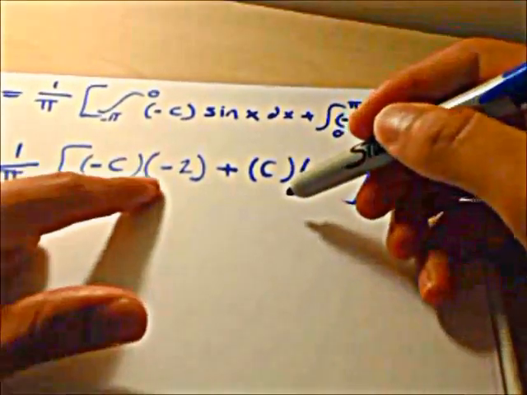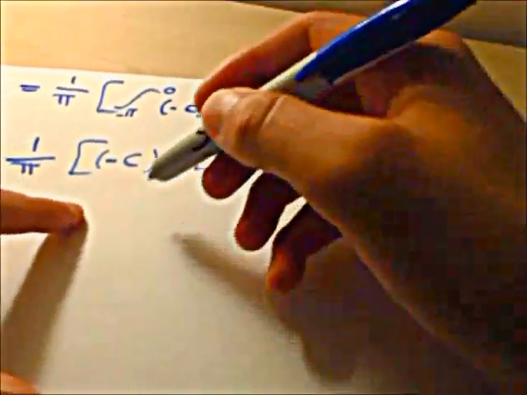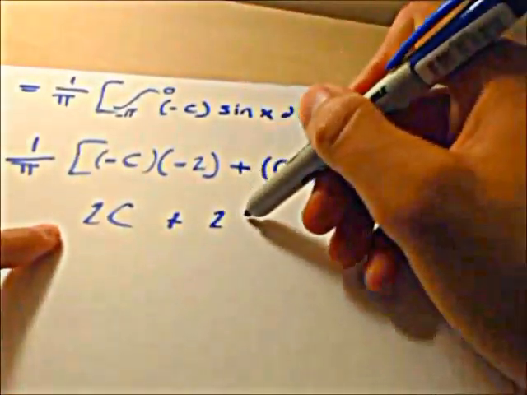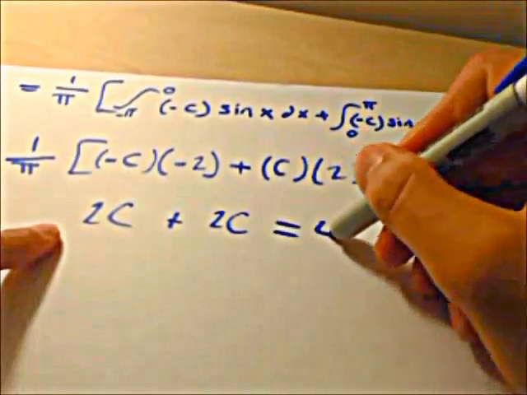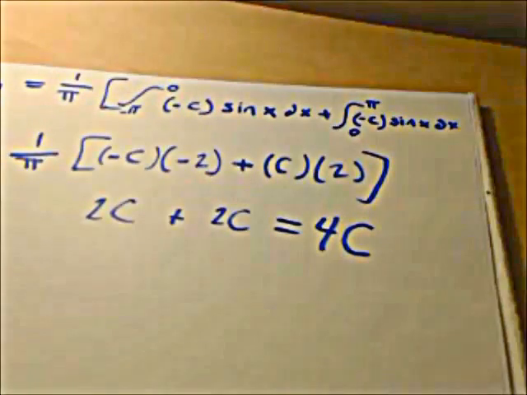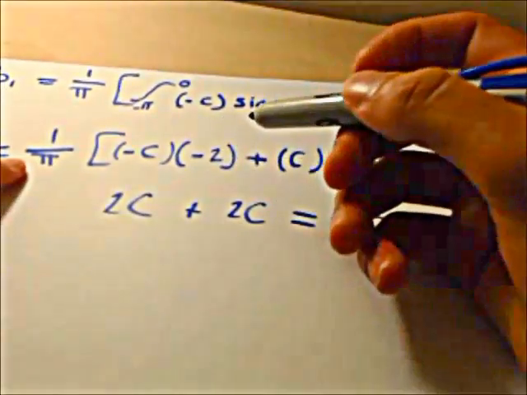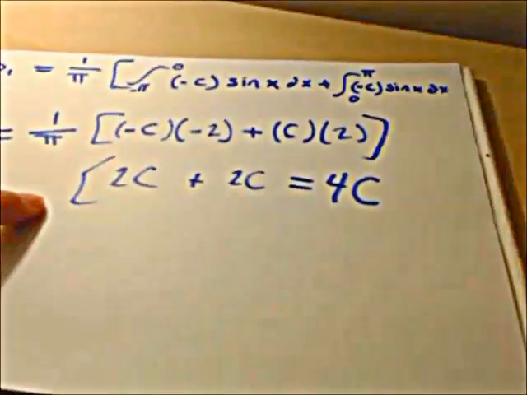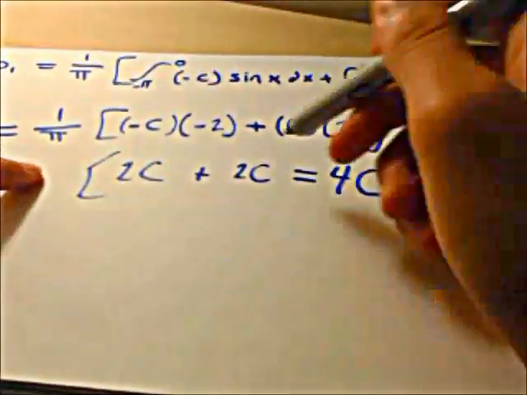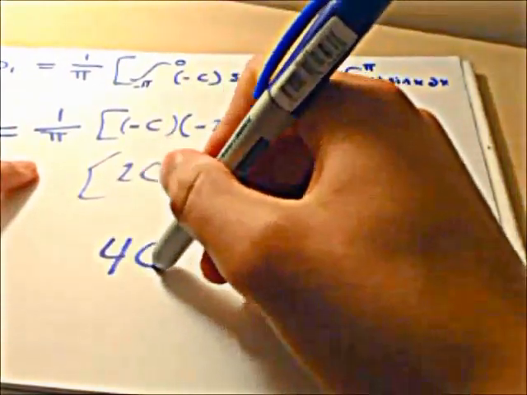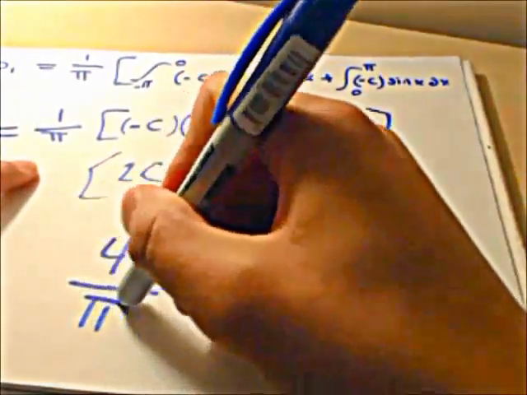And the minus would cancel each other out. Minus times minus is positive, so it's going to be 2c plus 2c, and that would equal 4c. So now looking back at the original formula, we multiply it by 1 over pi. So the whole thing, 1 over pi times 4c, is going to be 4c over pi.